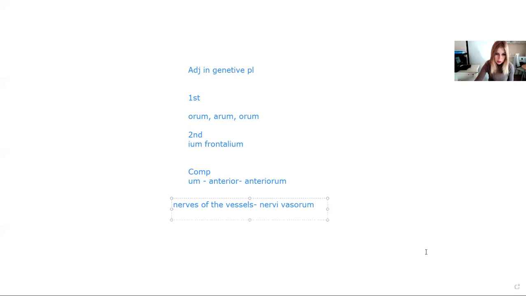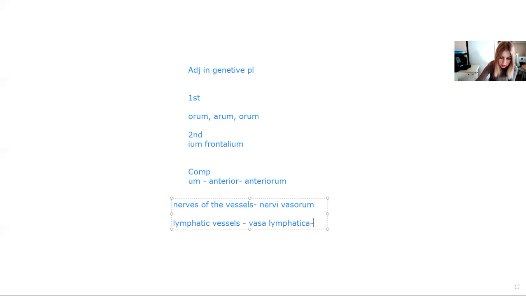Okay, what else can we translate? Maybe lymphatic vessels. Let's translate lymphatic vessels and put it in genitive plural. Lymphatic vessels in nominative plural: vasa lymphatica.